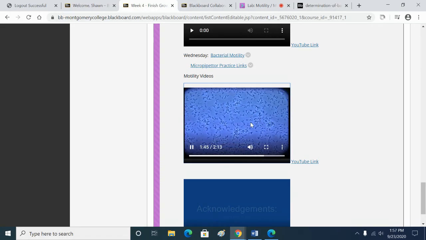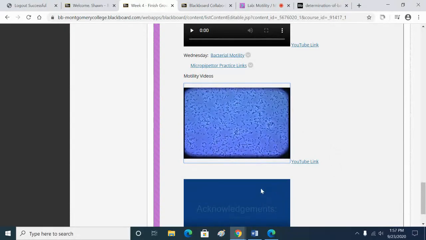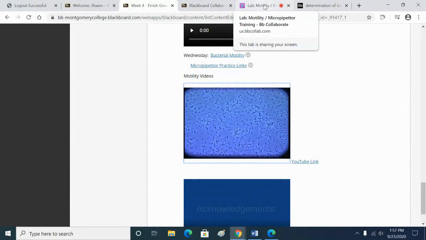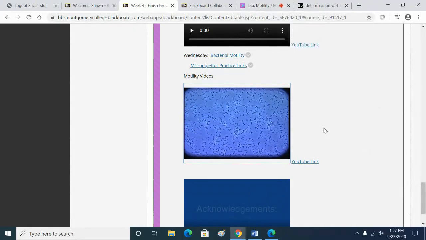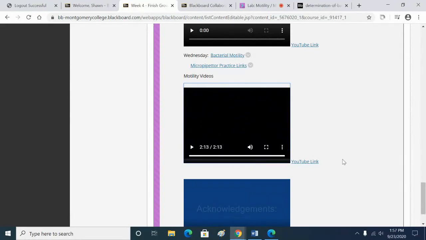This one especially is a phase contrast microscope. What you saw in the other one is more like what you would see, just black and white shades of gray. So, any more questions on motility? No?